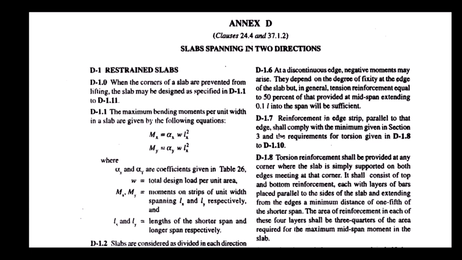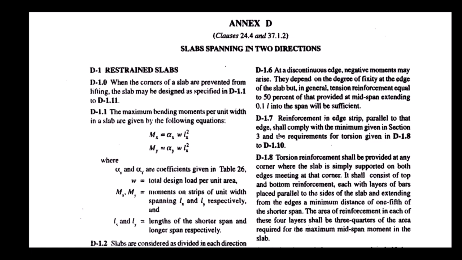We will go through table number 26 after this. W is total design load per unit area. Mx and My are moments on strips of unit width spanning Lx and Ly respectively, and Lx and Ly are effective lengths of shorter span and longer span respectively.